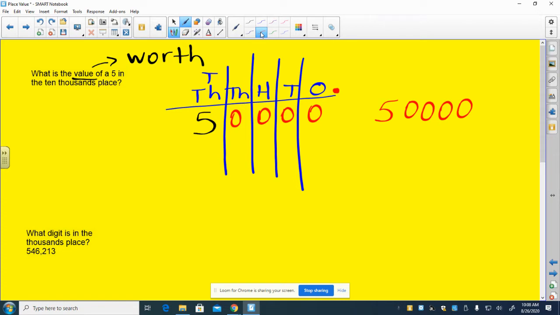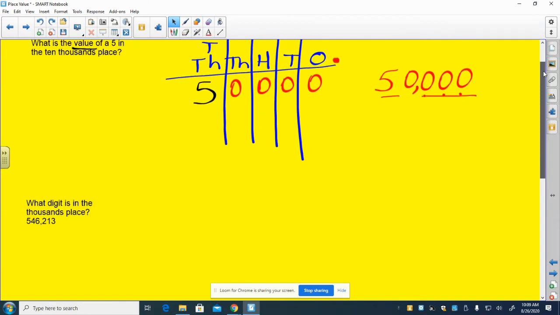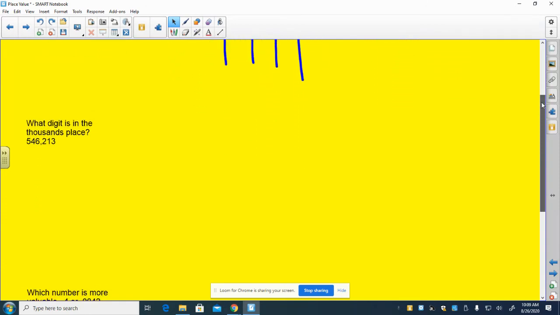A comma, a comma, a comma every 3 digits. 1, 2, 3, splash. So the value of a 5 in the 10,000s place is 50,000. That's one way that you are going to need to know, or one reason why you'll need to know the streets in place value city and how you can use it to help you.